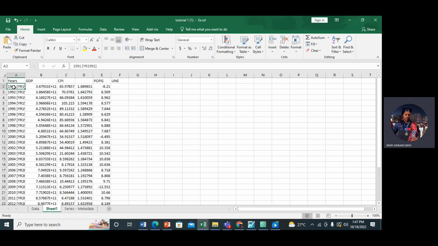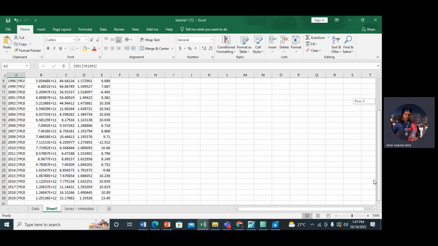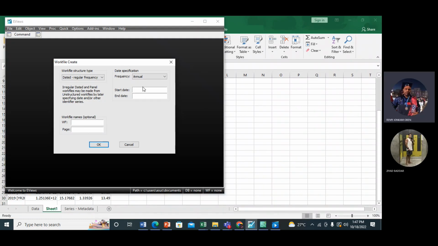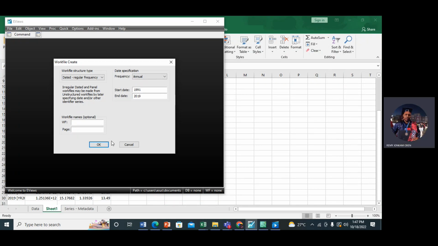You discover the first year is 1991 and the last year is 2019. You go back to eViews, you have to put in that information. The start date is 1991 and the last date is, was it 2019? 2019. Once you put in the dates, you click OK.